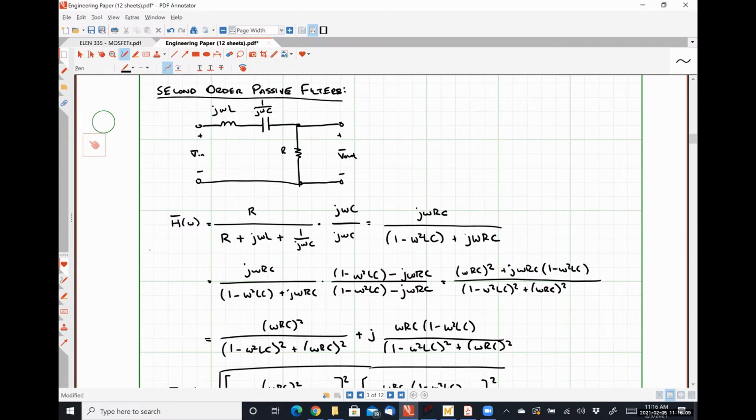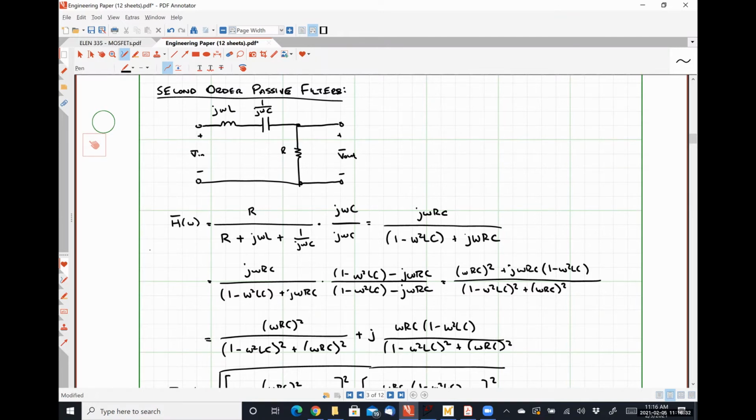But we can look at this circuit qualitatively and figure something out, right? So if we want V out to be exactly equal to V in, what does this impedance, j omega L plus 1 over j omega C, need to look like in order to make that happen? They have to cancel each other out so that they look like a short circuit, right?